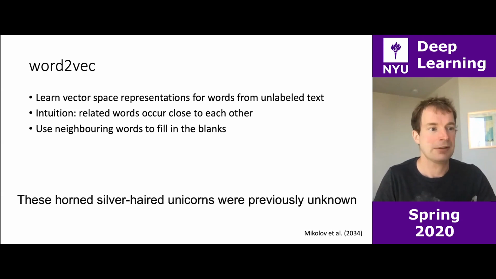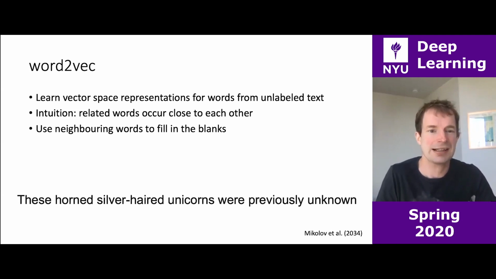There had been some previous work from Collobert and Weston, which had also shown some good gains. So the goal here is going to be trying to learn what's called word embeddings, so vector space representations for words. And the hope is that just by looking at unlabeled English text, we can learn something about what these words mean.